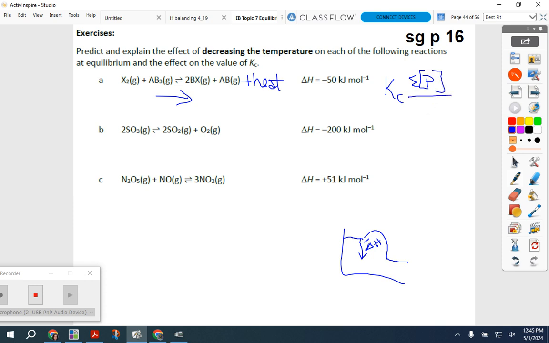Kc is products over reactants. So is Kc going to go up or down? Are we making more products or are we making more reactants?